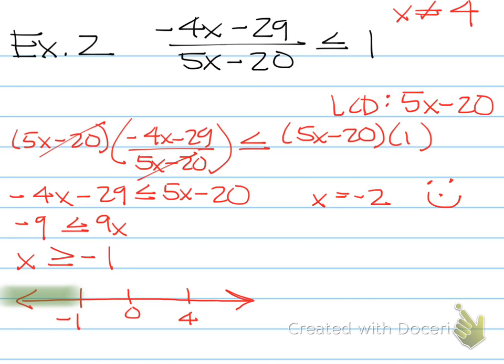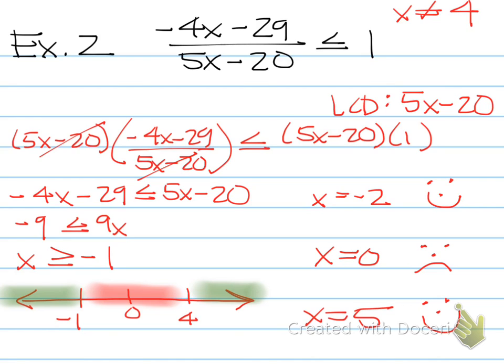So that interval does contain solution values. When we plug in 0, which is between negative 1 and 4, we do not get a true sentence. So that interval does not contain solution values. And then we plug in a value that's greater than 4, like 5. When we plug that in, we do get a true sentence.